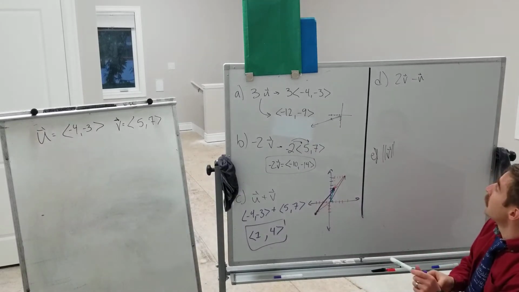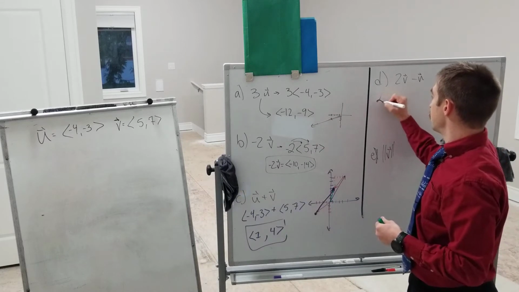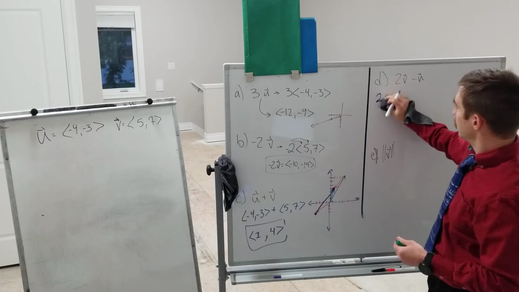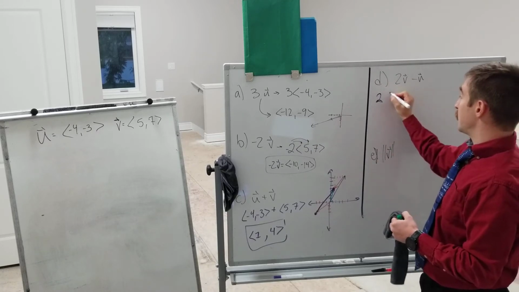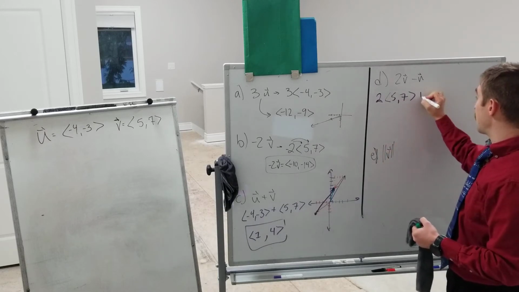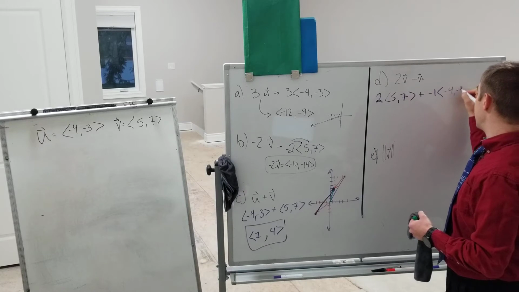Okay, let's look at 2v minus u. So 2v, well, that's just written right there. 2v is going to be 2 times 5 comma 7. And then minus u is going to be like plus -1 times -4, -3.